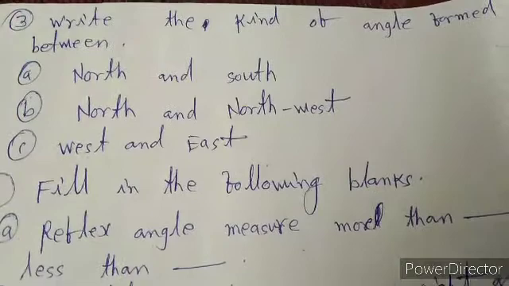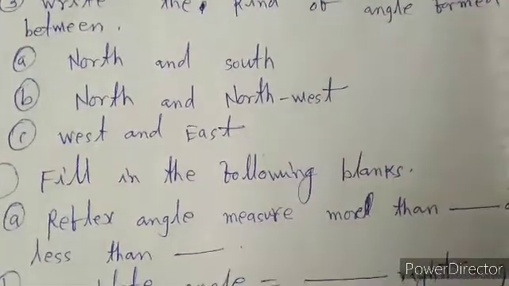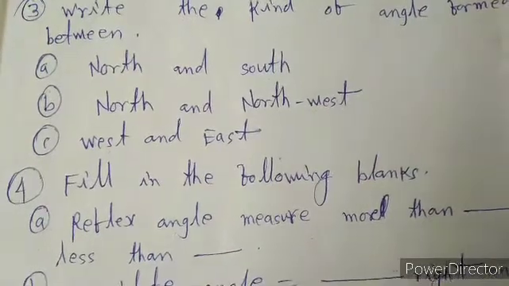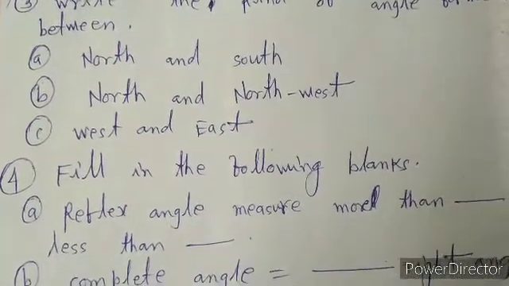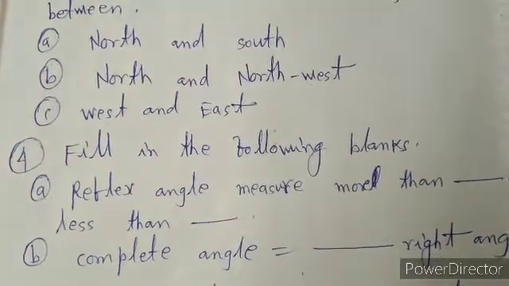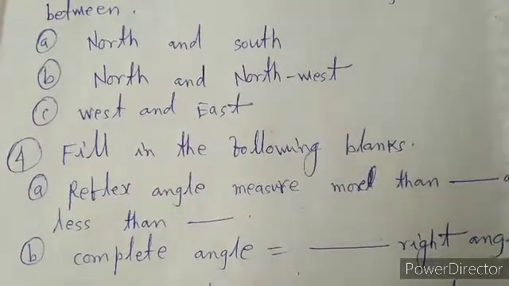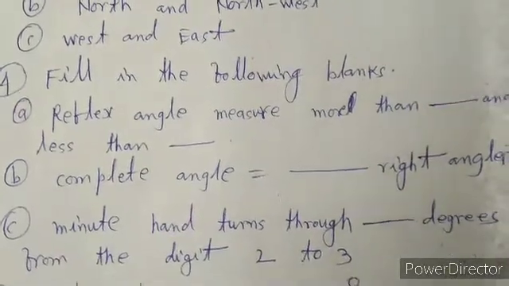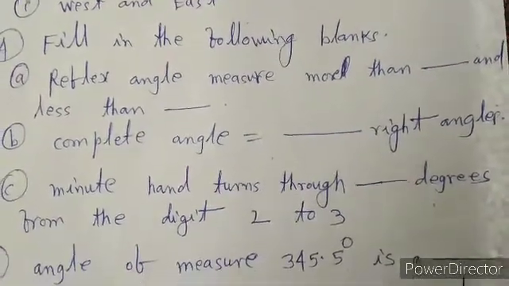Question number 3. Write the kind of angle formed between A, north and south; B, north and northwest; C, west and east. Question number 4. Fill in the following blanks. A, a reflex angle measures more than dash, less than dash.